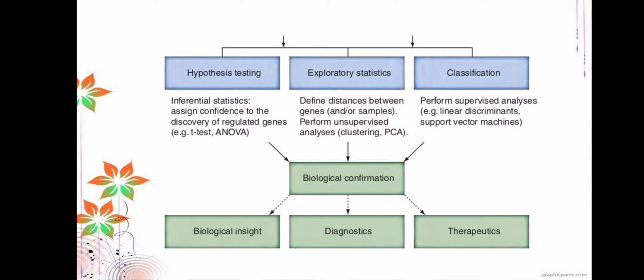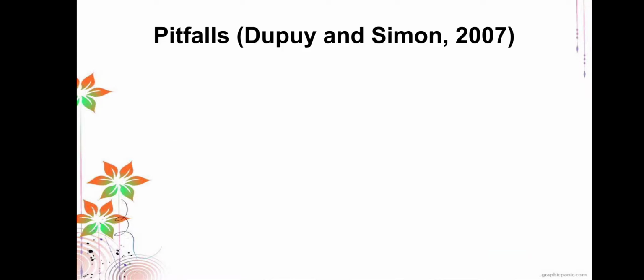In therapeutics, these are the targets. We can design drugs that target these genes that we have identified, or even the proteins encoded by the genes that we have identified. So basically, this is the general workflow of what you will do for gene expression analysis.